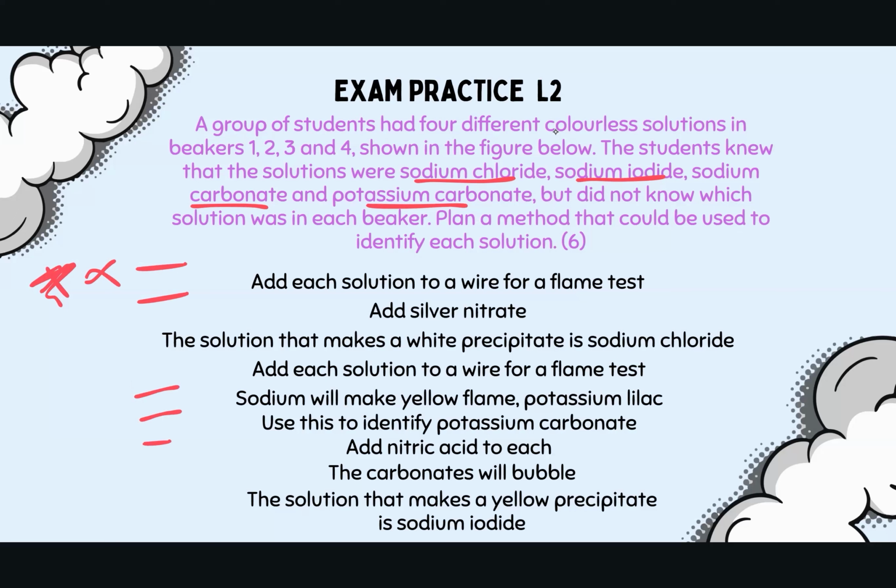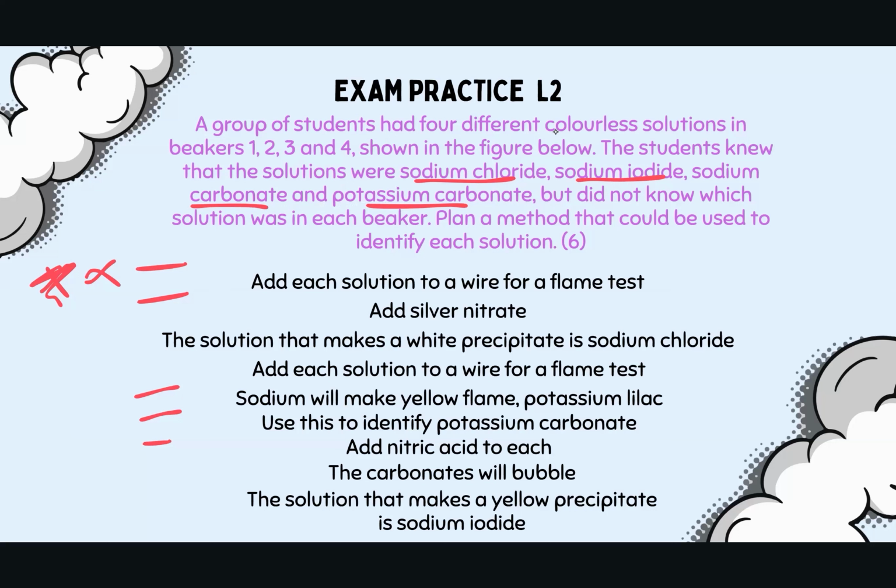So you're essentially just going through each test and then adding your positives. You'll say I'll do a flame test to identify sodium and potassium. What that does is it identifies which one is potassium carbonate and which three are sodium.